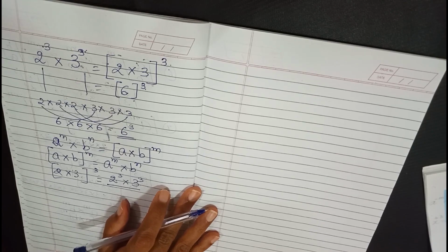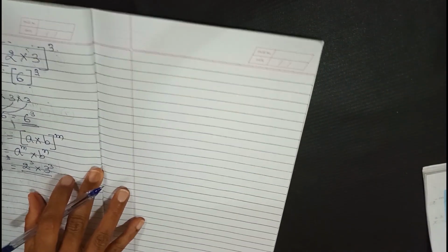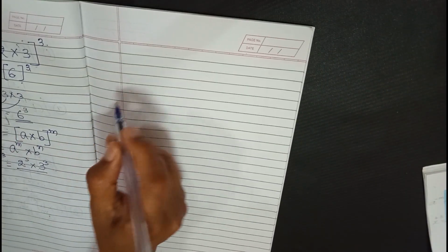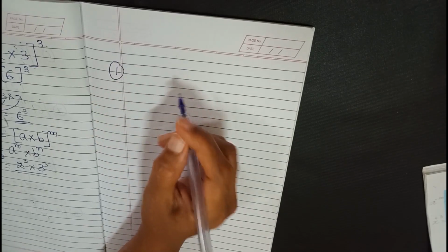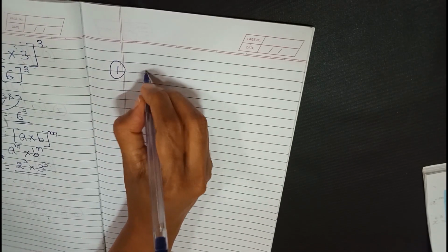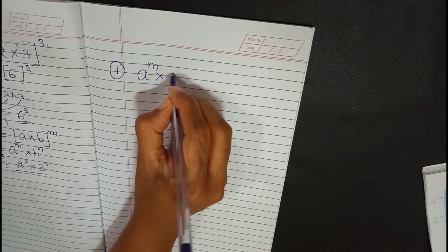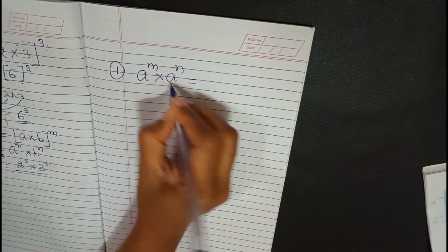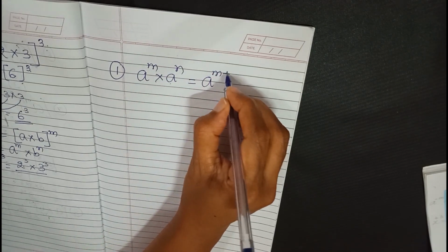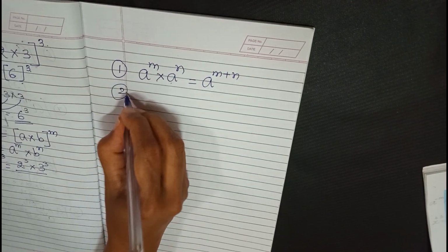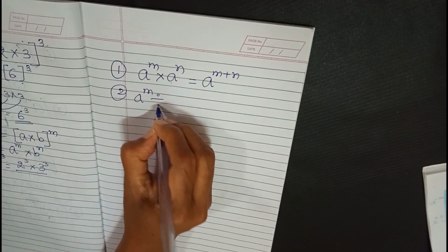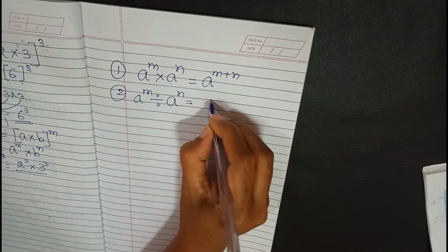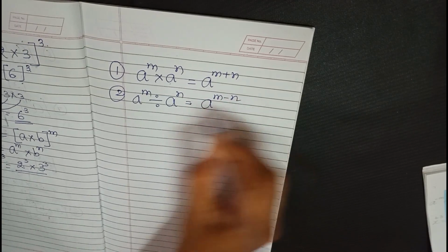So these are the 8 formulas of indices which will help you in solving the sums. Very quickly, I am revising all the 8 formulas. The first one was for multiplication, where the base was common, we could do the addition. Second was about division, where we were subtracting the indices.